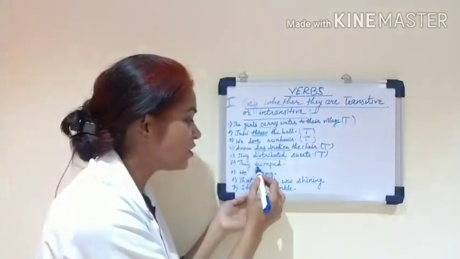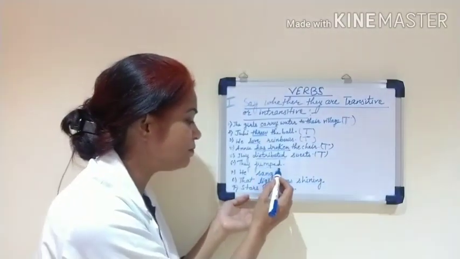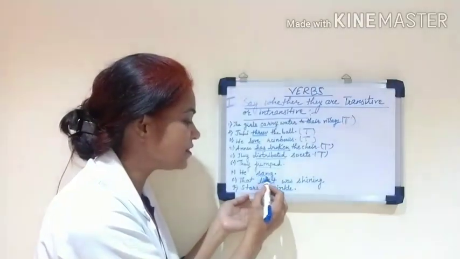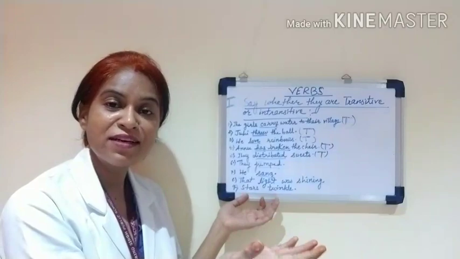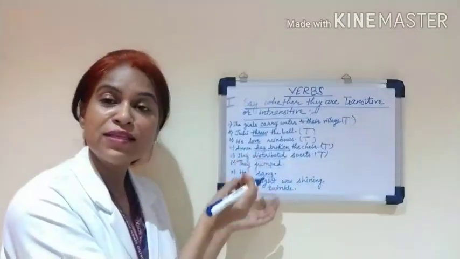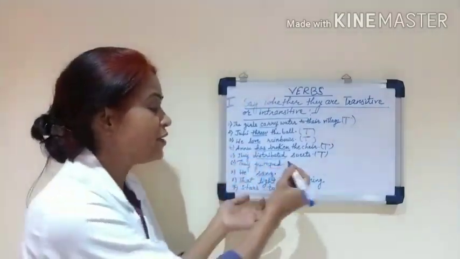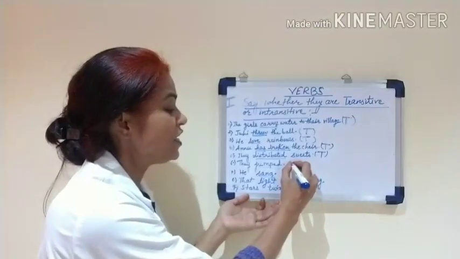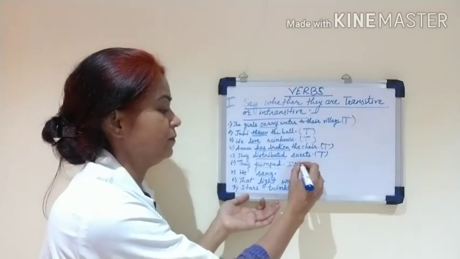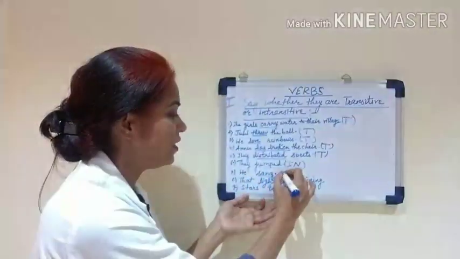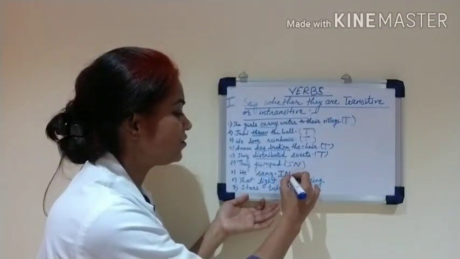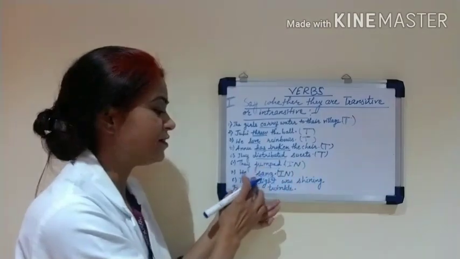What is the verb here? Sang. This sentence gives the exact idea of what the sentence wants to say. So this is intransitive. This is an intransitive sentence. This is also an intransitive sentence.